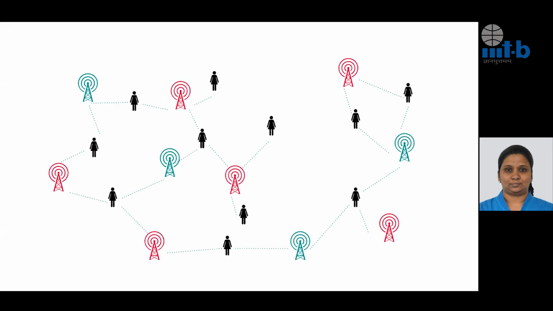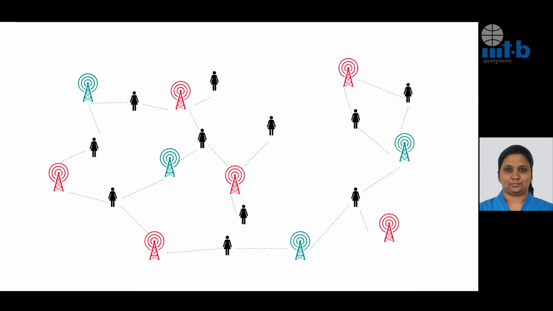This is a very simplified diagram. Here we have used two frequencies, let's say red and green, and if you check, every client has some base station in the range whose frequency is not repeated. For any client, there is at most one red or at most one green.